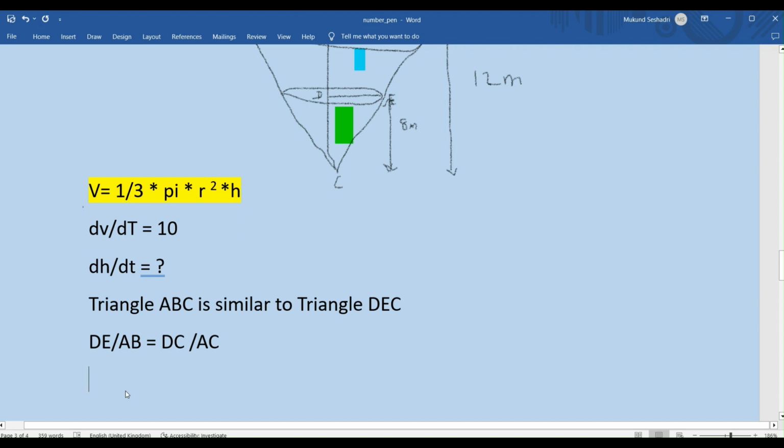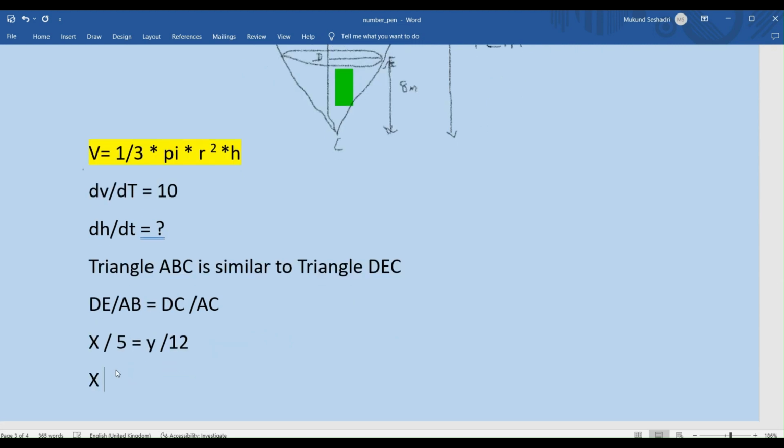And so DE is what? Let's call this as X, right? And we have AB is the radius, which is 5, and you've got DC, which is the height, which is Y, and AC, which is the total height of the tank, which is 12. So we have X equals 5 by 12 Y, right? So I hope you guys are with me here.